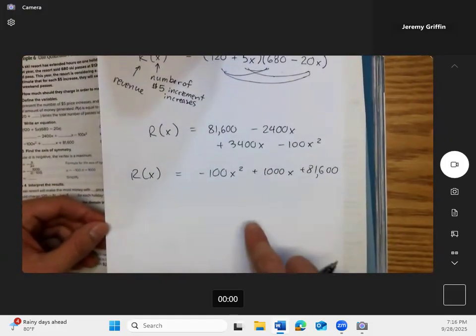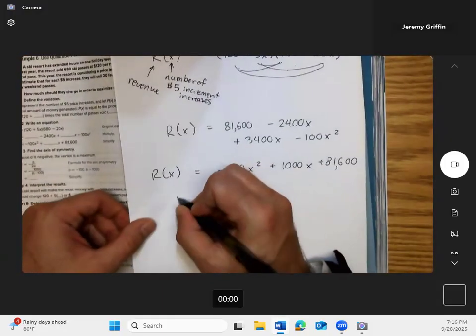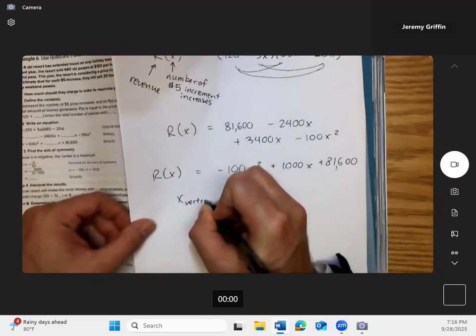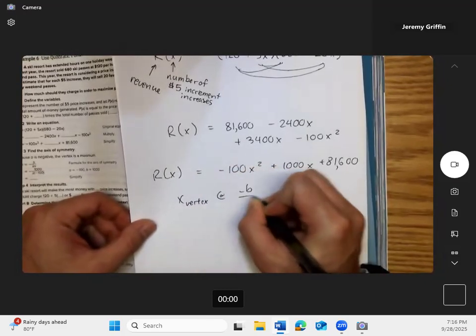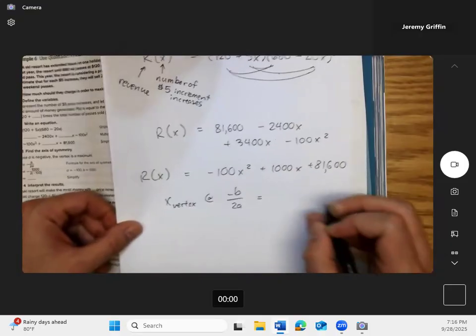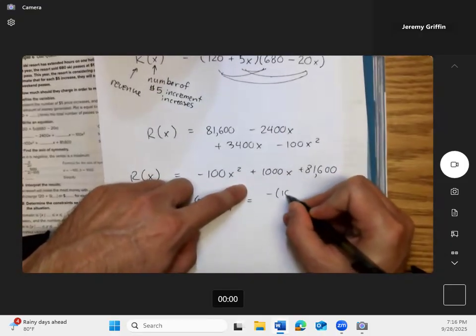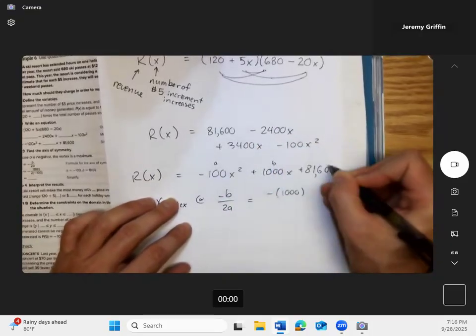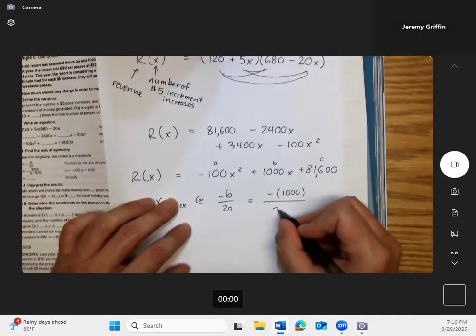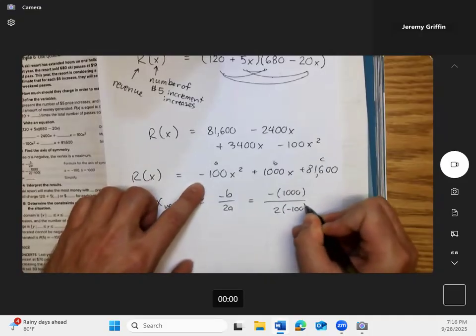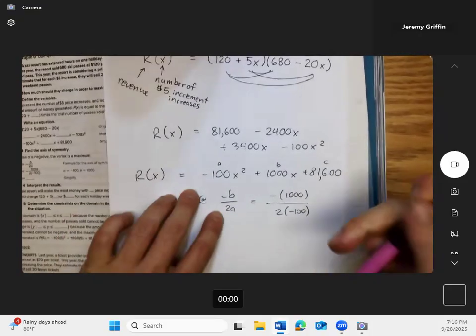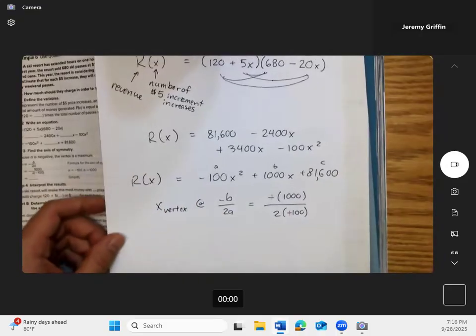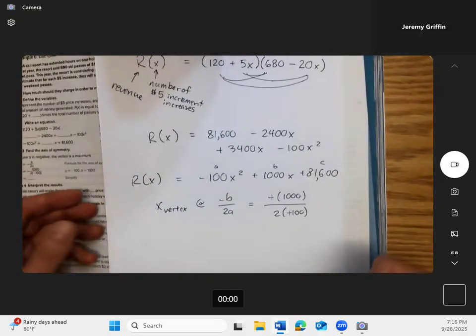So I could say x vertex would be at negative b over 2a, which would be negative 1000, because that's your b term here. This is like your a, your b, and your c. Over 2 times negative 100. Now the two negatives will cancel out, which tells us that this would be a positive value.